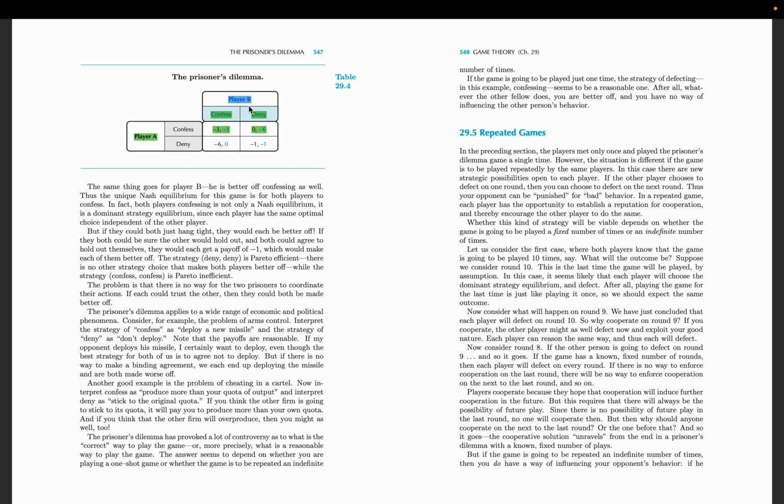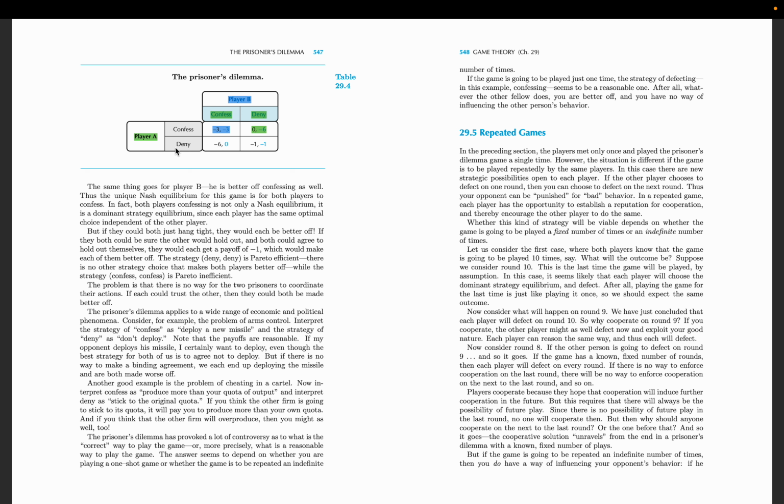Talking about player B now, check what is good for B if player A confesses. If player A is confessing, then for B we have -3 here and -6 here, so he is better off confessing as well in case A confesses.